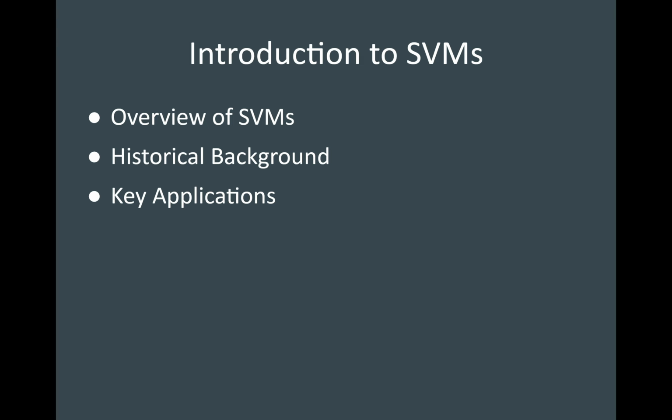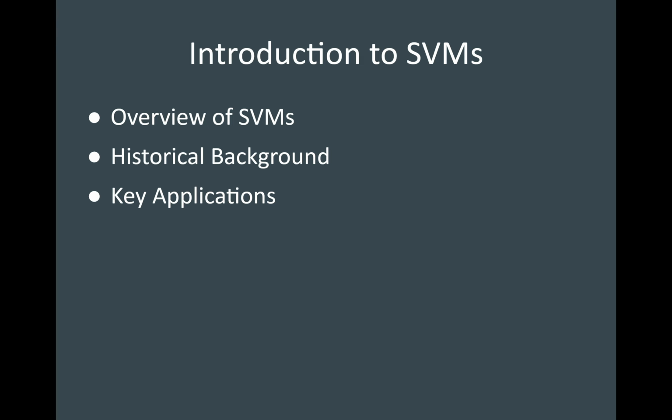So if we talk about support vector machines, SVMs, these are one of the most powerful supervised learning algorithms in machine learning and artificial intelligence. They are primarily used for classification and regression tasks.